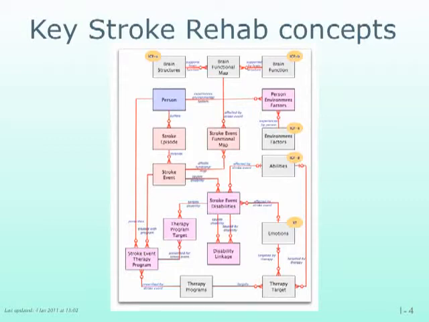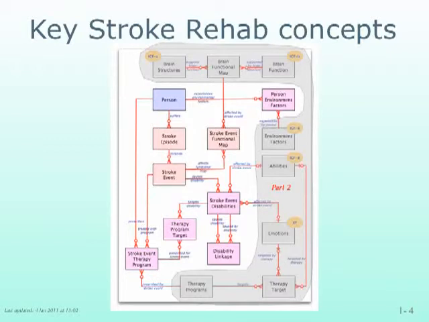I have grouped these data object classes into three groups. In part 2 of this presentation, we will look at the data object classes shaded in grey, which represent key medical concepts that are relevant to all people who suffer strokes.